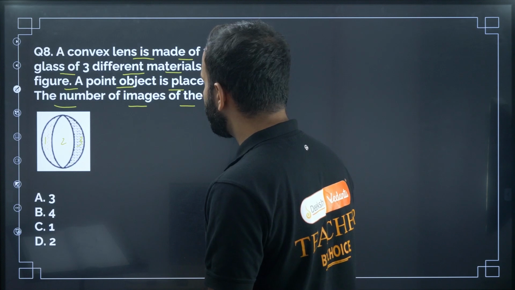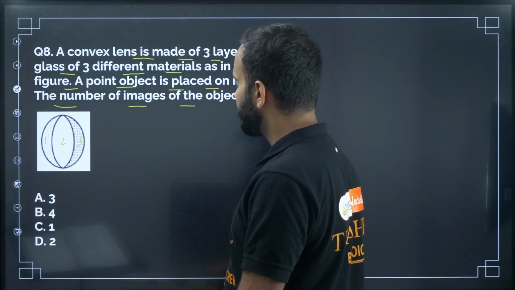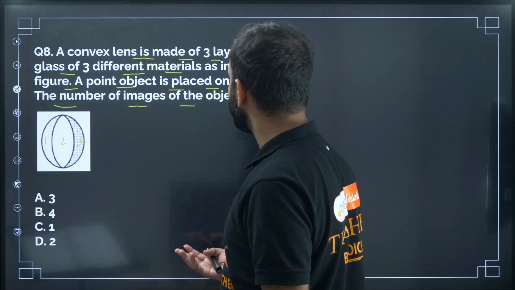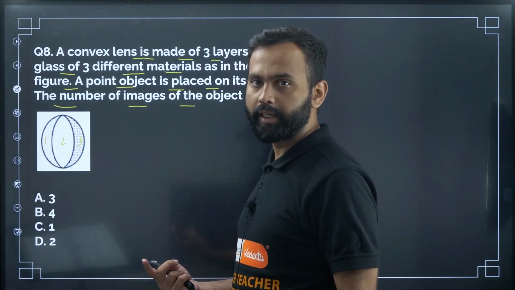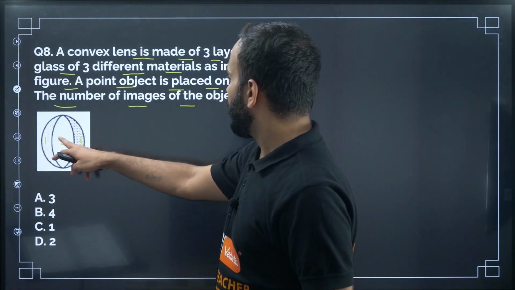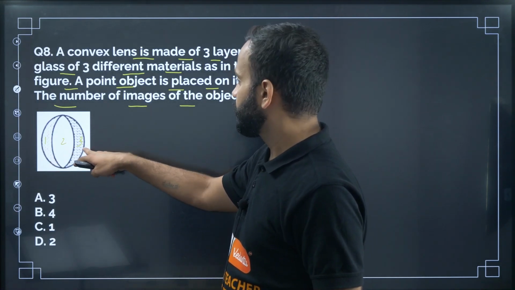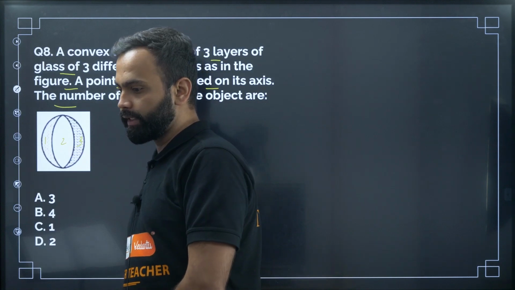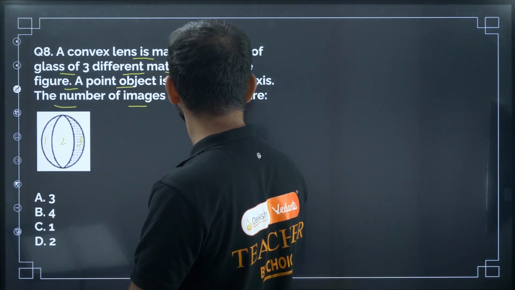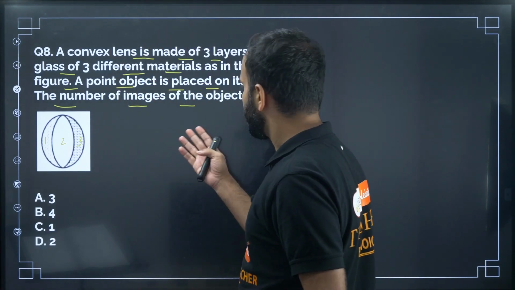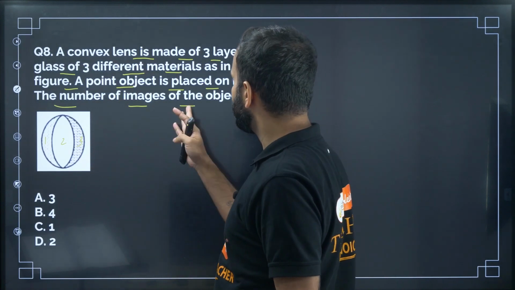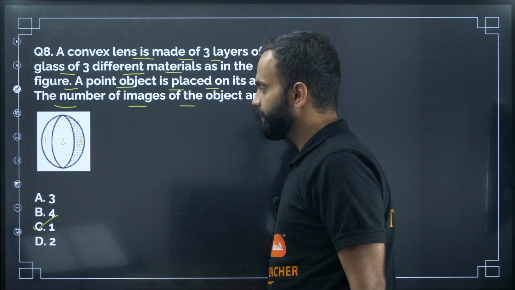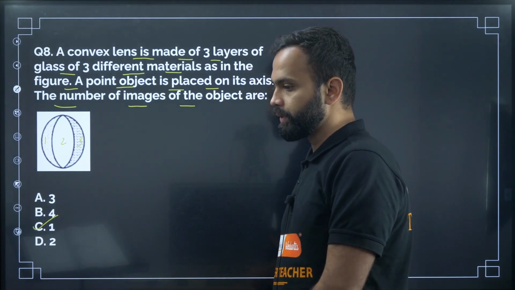Here we will get the number of images of the object as 1 only, because all of them are combined. So the number of images will be 1. So the correct option is C.